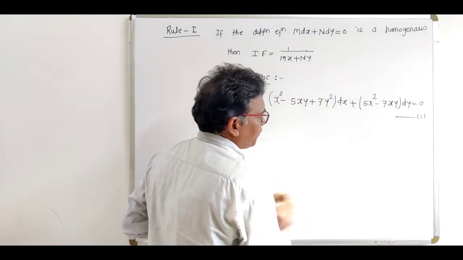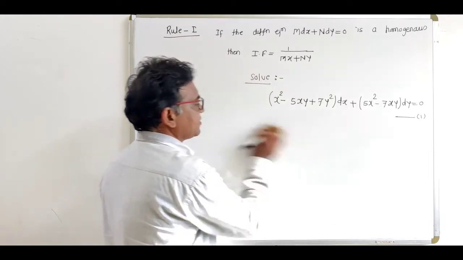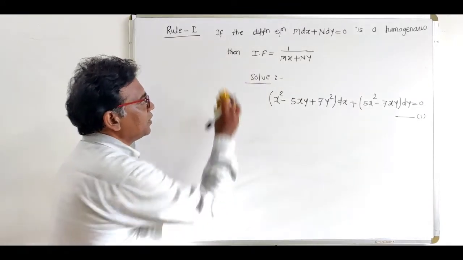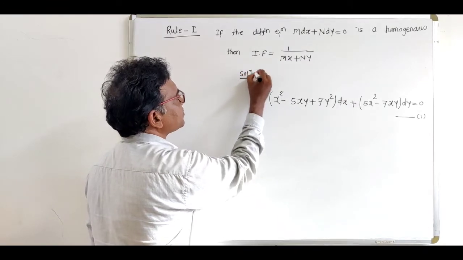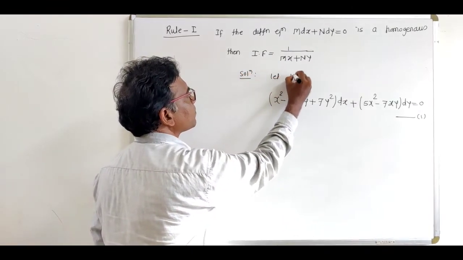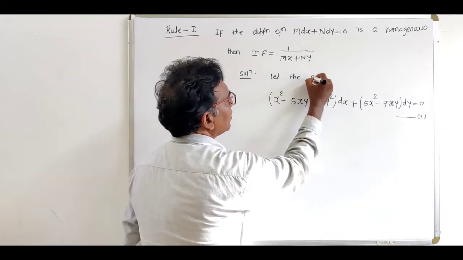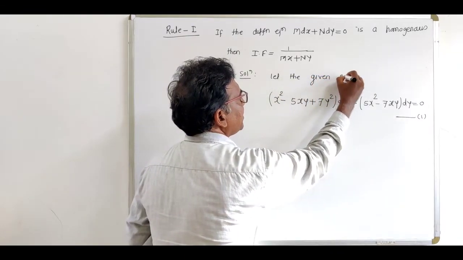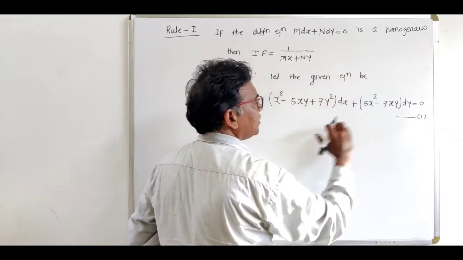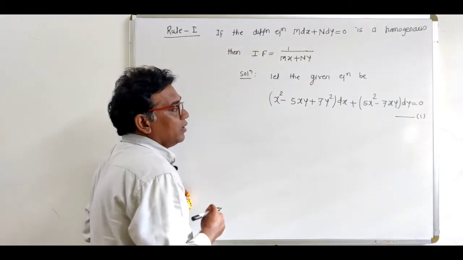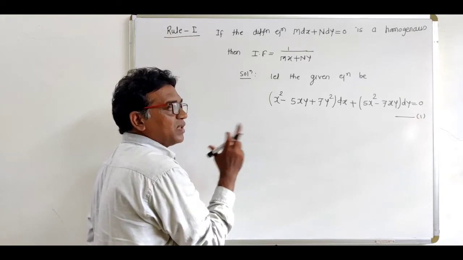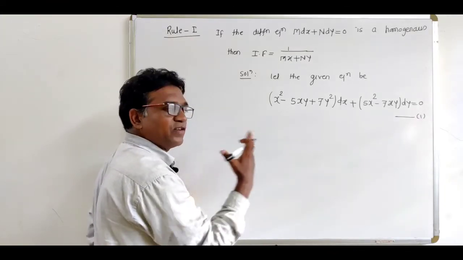So first of all, verify this differential equation for exact differential equation. So write down the solution. Write down the given differential equation. Let the given equation be equation number 1. First of all, observe the given pattern, whether it is in the standard form or not.